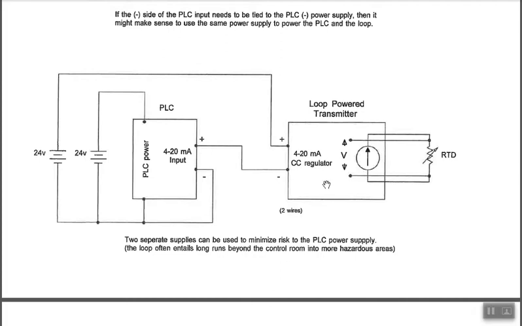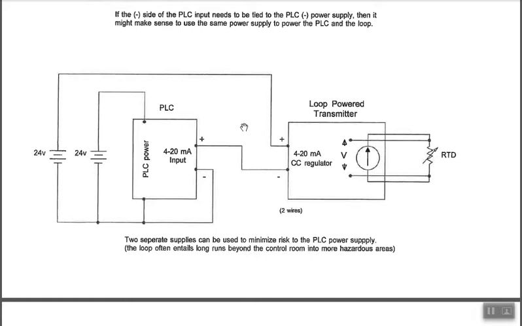Another variation on the loop powered transmitter, you might see a dedicated power supply here for the PLC, and a separate power supply to power the loop. This wire here might run all the way out on the plant floor or something like that, so there might be reasons to use a separate supply in case something happens out here to damage this.